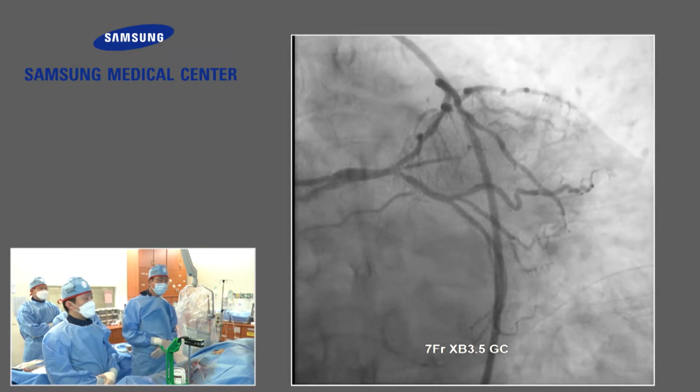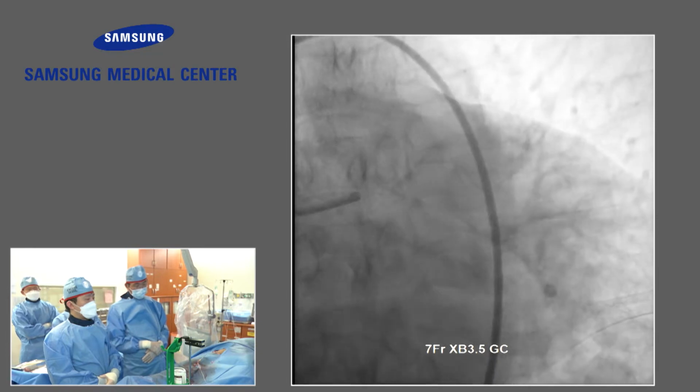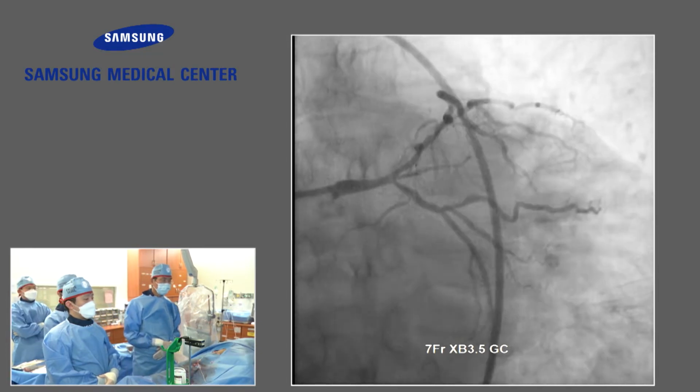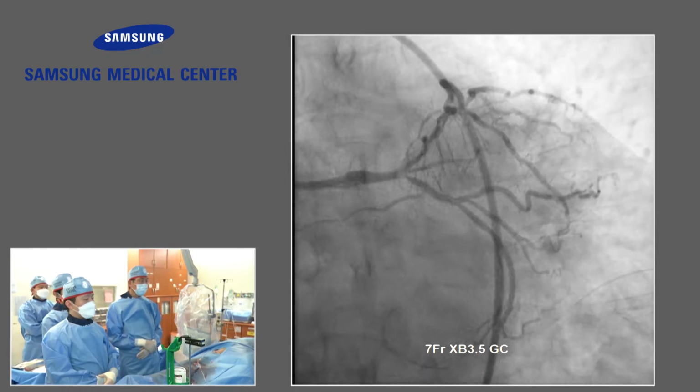So can I show you IVUS first? Do you want to see the IVUS first? You mean the angiographic appearance of the left main bifurcation is 011? Yeah, maybe you think it's 0111, but the marginal, I think this is clearly 111.